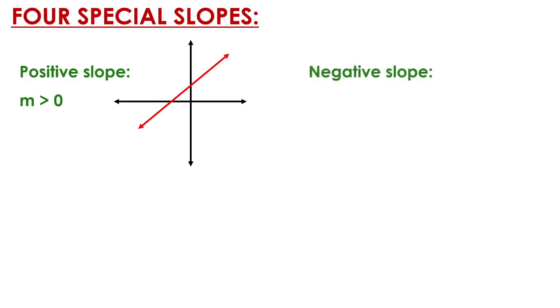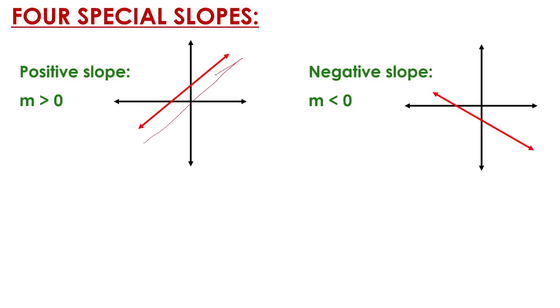If in case you have a graph like this, it's simply slanting upward to the left or slanting downward to the right, this is a negative slope. And your answer is a negative value because the slope here is less than 0. So take note, the first one, a positive slope, is slanting upward to the right.